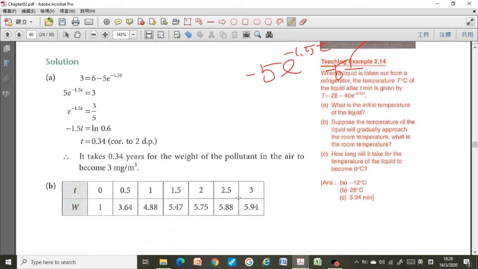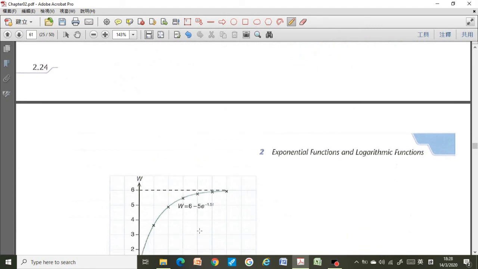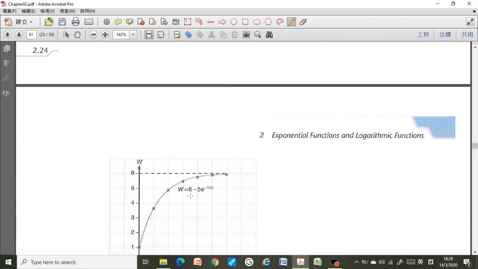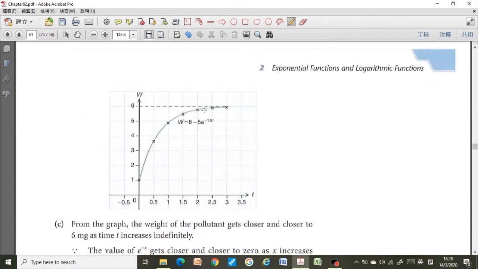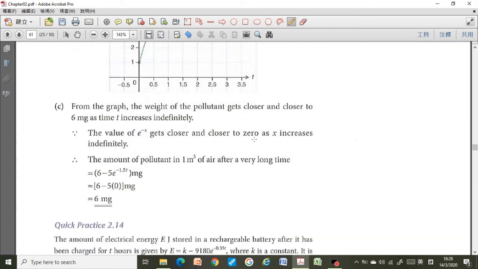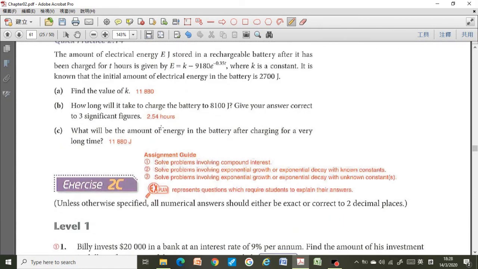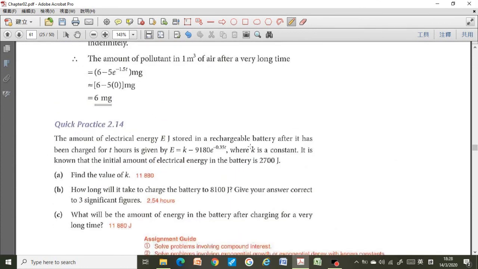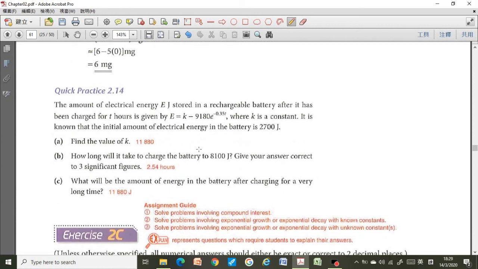So you will get all the graph moving 6 units upward to form a graph like this. This one also we will discuss later, but I want you to know this at the moment. And the example practice here, you can do by yourself, okay? If you have problems, you can ask me through email about these questions. This is the end of these sections.